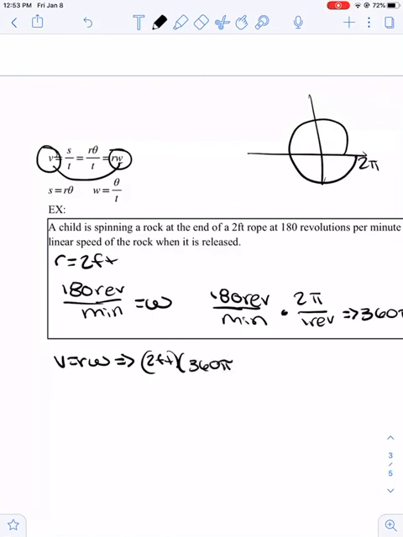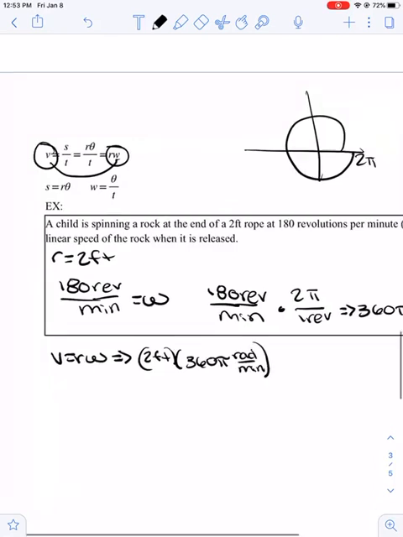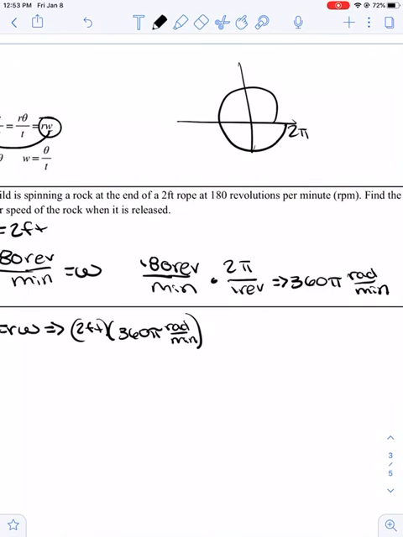And we get that this equals 2,262 feet per minute.